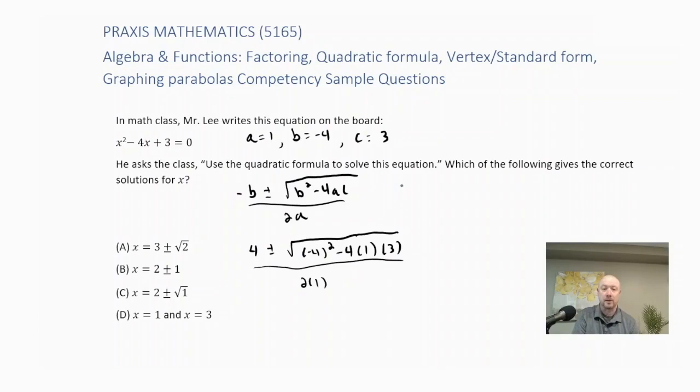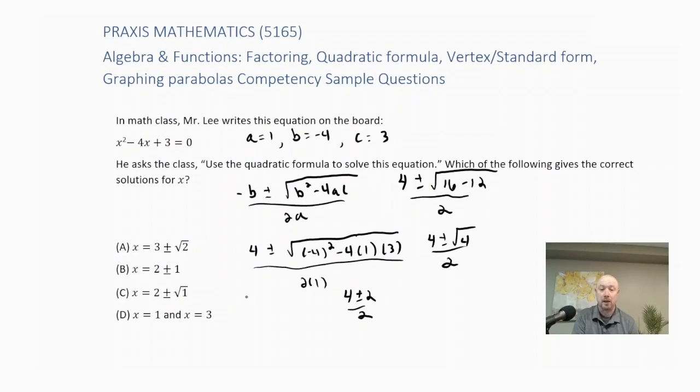All right, so simplifying that, we would get 4 plus or minus the square root of 16 minus 12, divided by 2. So we would get 4 plus or minus the square root of 4, divided by 2. The square root of 4 is 2. So we're going to get 4 plus or minus 2, divided by 2.